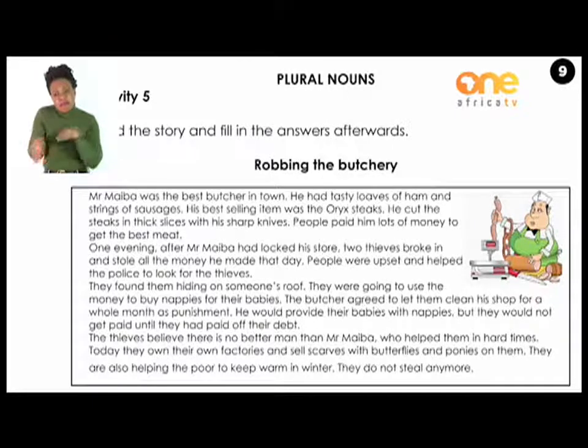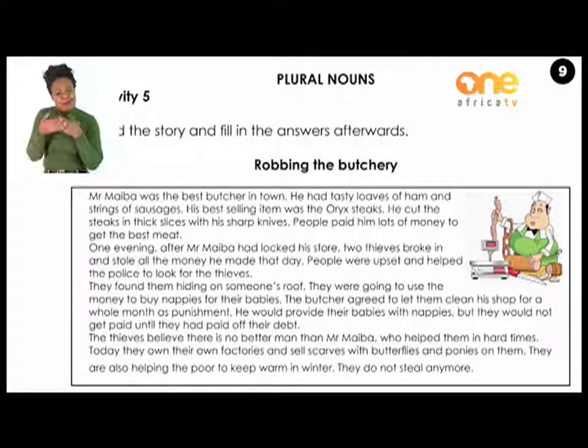The butcher agreed to let them clean his shop for a whole month as punishment. He would provide their babies with nappies, but they would not get paid until they had paid off their debts. The thieves believe there is no better man than Mr. Mayber, who helped them in hard times.